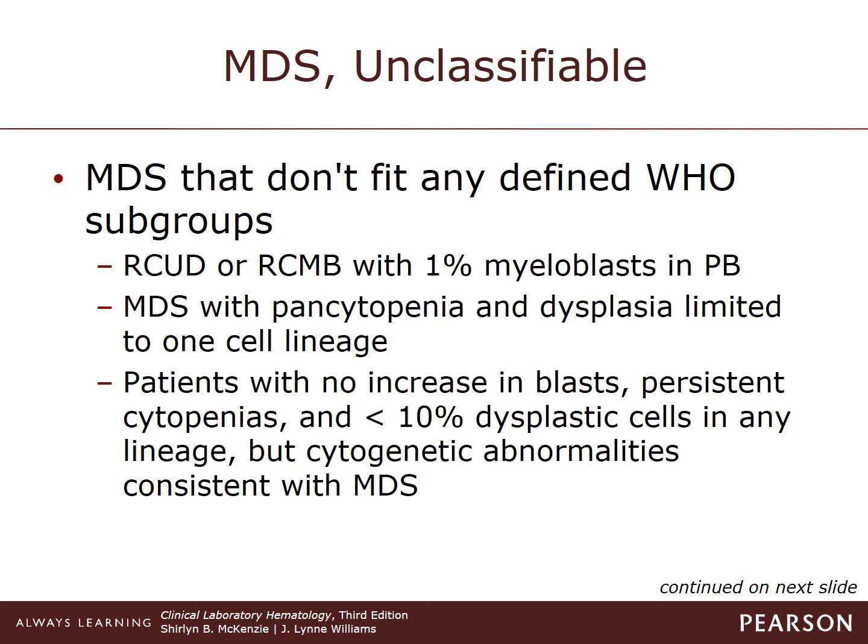Now, patients with no increase in blasts or persistent cytopenias with 10% dysplastic cells in any lineage, but with chromosomal abnormalities, is a consistent diagnosis within the classifications of MDSs.